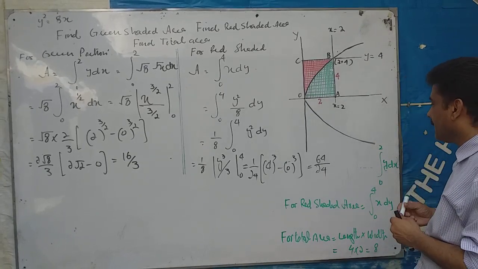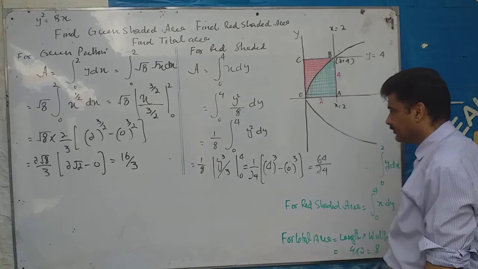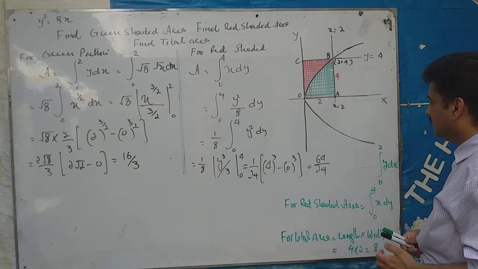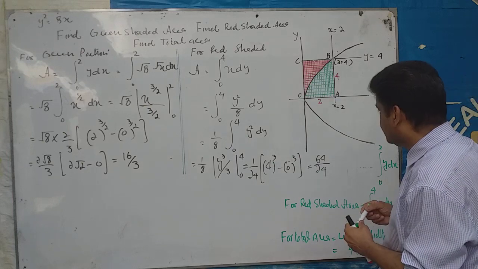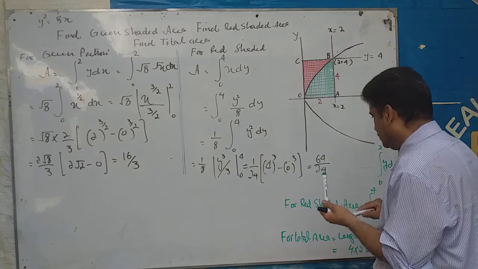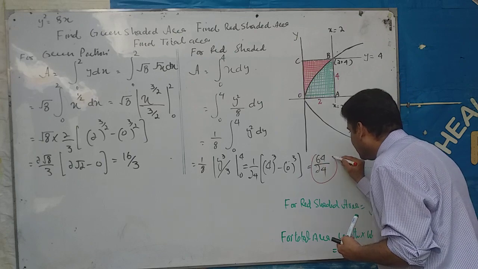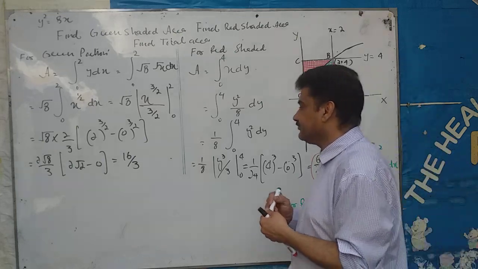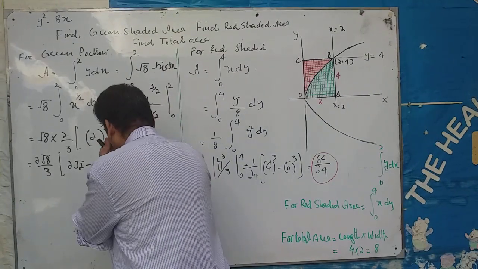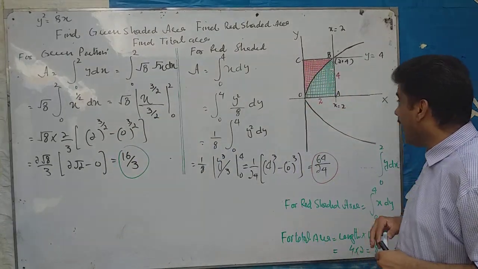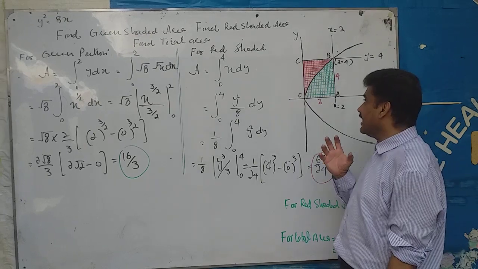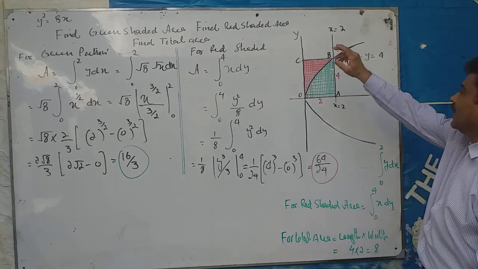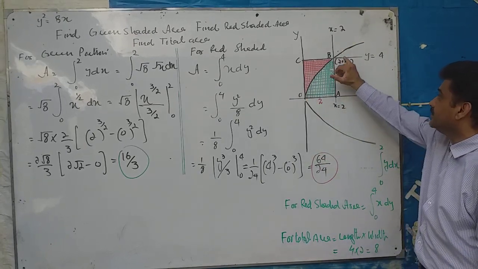This is the red portion area and this is the green portion area. When we add these two areas, we can check that the total area will be equal to the area of rectangle OABC.